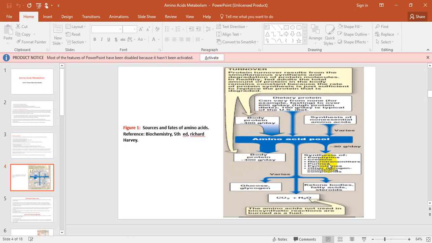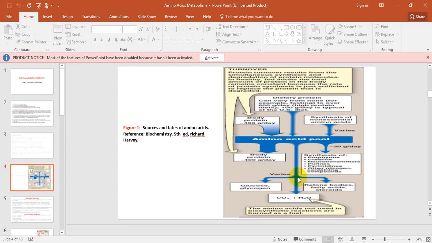The second is synthesis of some nitrogenous compounds from amino acids, which results in depletion of the amino acid pool, like porphyrin, creatine, neurotransmitter compounds, purine, pyrimidine, etc.